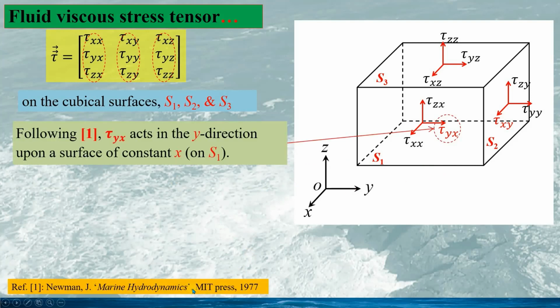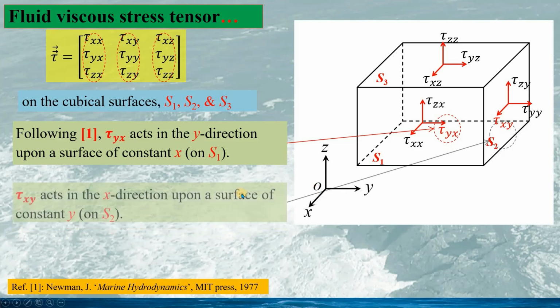Following the book Marine Hydrodynamics, tau yx is defined as acting in the y direction, see here the first subscript, upon a surface of constant x, the second subscript. That means on the surface S1.